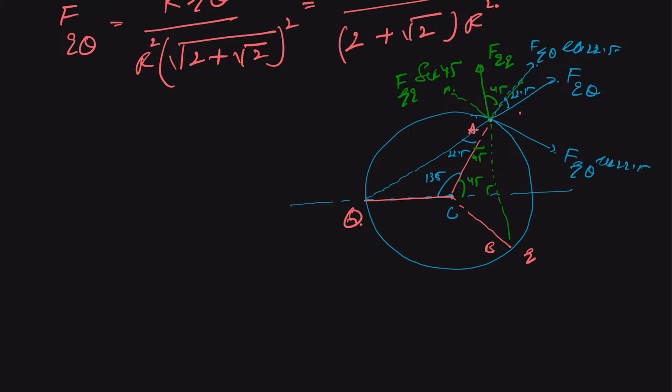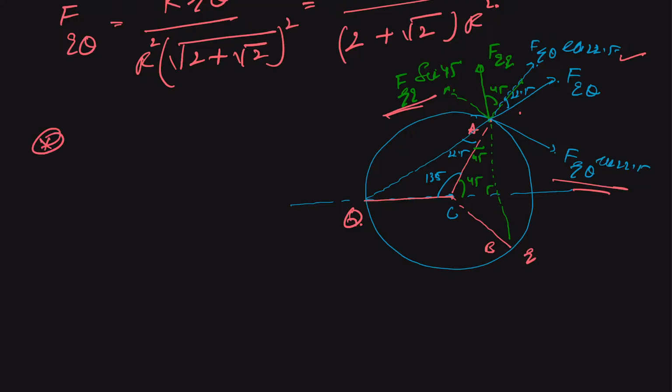And we are only interested in the tangential part. So we have two forces tangentially, this as well as this. And for equilibrium, these two forces should be balancing each other, because in the constrained motion, our radial force will be automatically balanced.